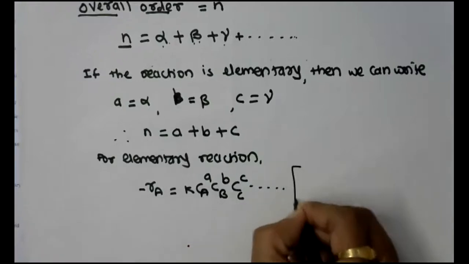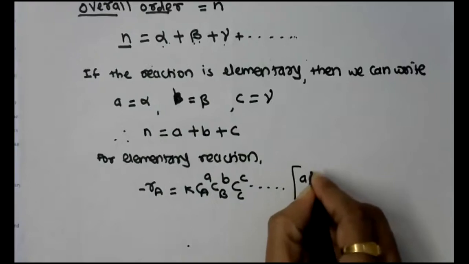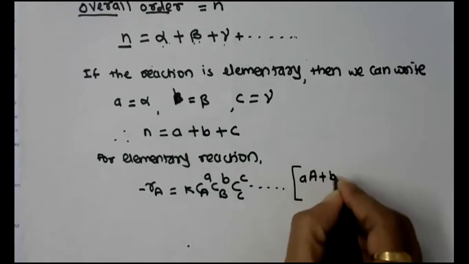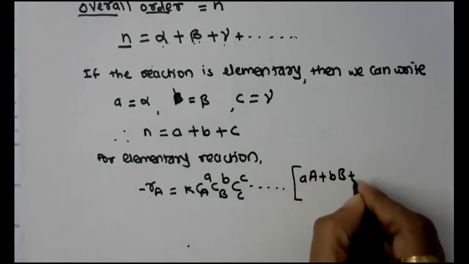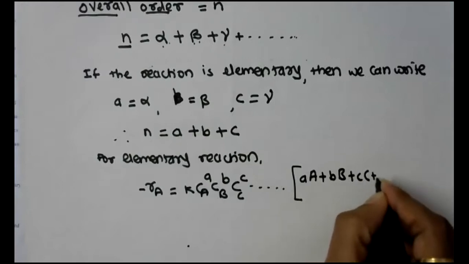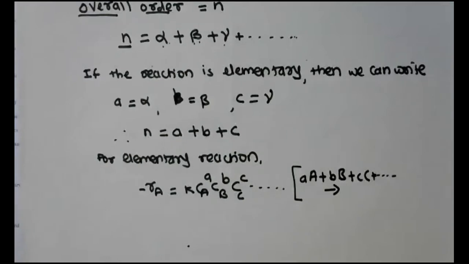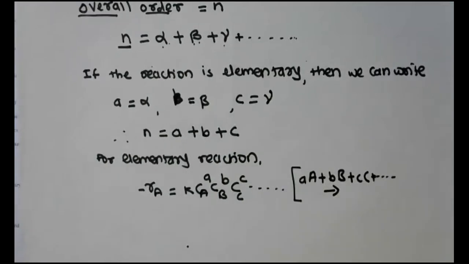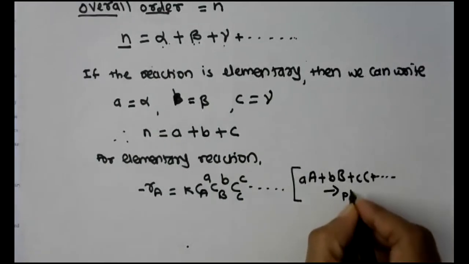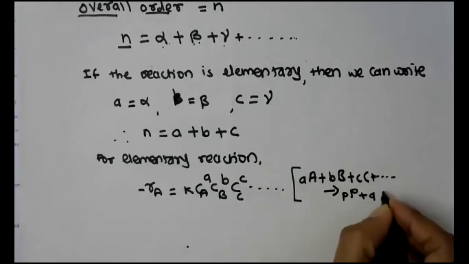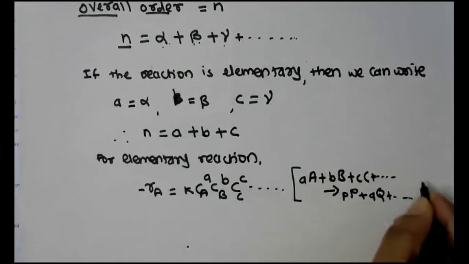I can rewrite that reaction: a moles of A reacts with b moles of B plus c moles of C and so on, giving p moles of P plus q moles of Q and so on.